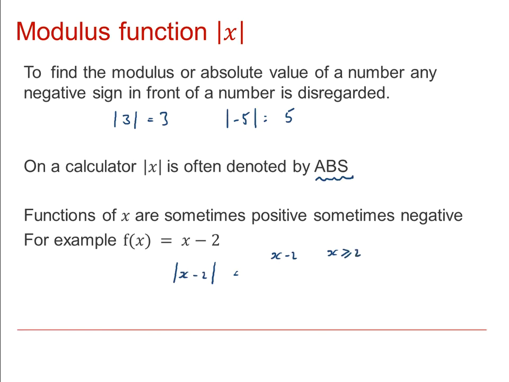But we then have to take negative of that if x minus 2 is less than 0, so therefore x is less than 2. So for a function, we have to consider when the function is positive and when it is negative, so that we can calculate the absolute value or the modulus of the function.